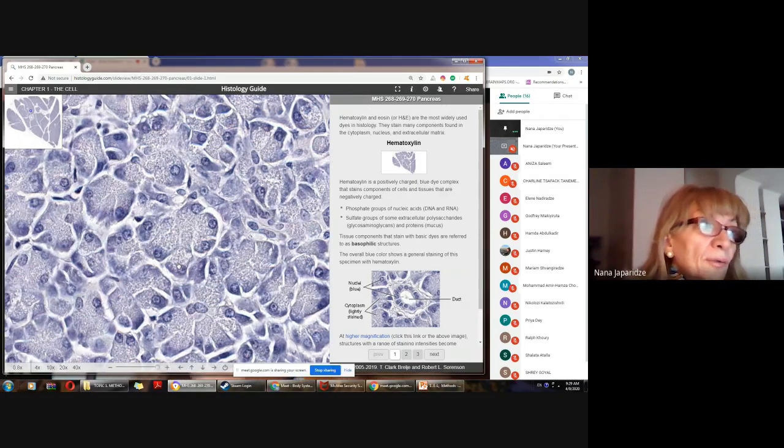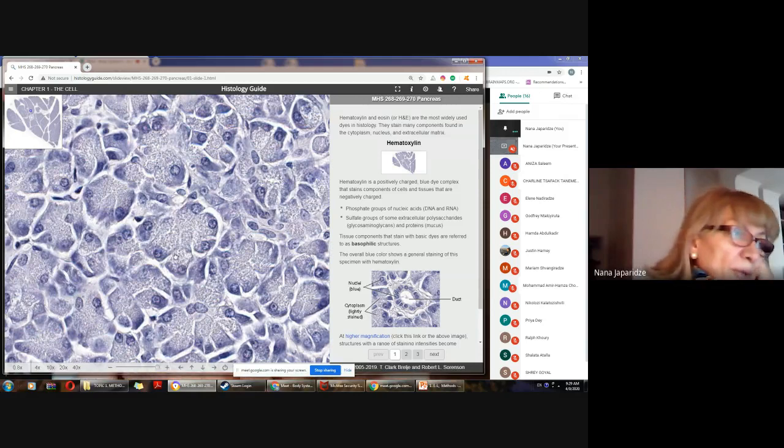And first, when we look at the tissue sample, what is very important, you have to be able to identify the nucleus. When you see the nucleus in the tissue sample, it is much easier to identify the whole cell.